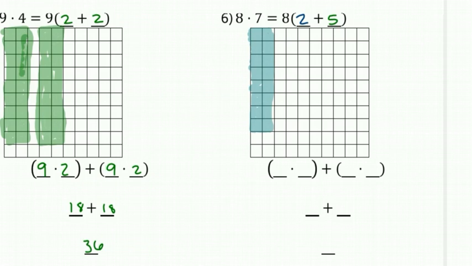And then 8 times 5 would be, whoa, I was trying to go a little bit bigger, but that wasn't really going to work. Sorry, laughing at myself. Okay, 8 times 5 would be down 8, and then over 1, 2, 3, 4, 5. And if I put those together, it would really just be 8 times 7.